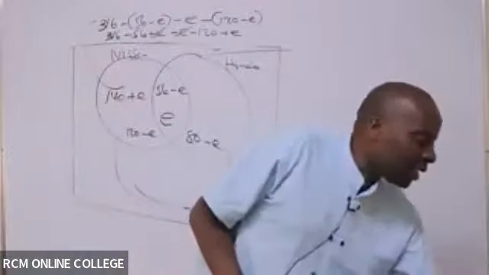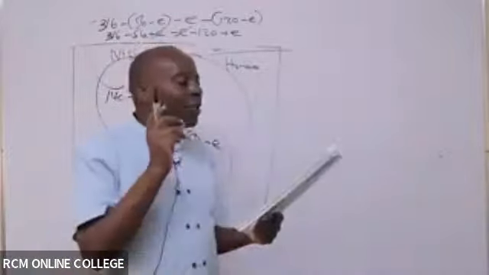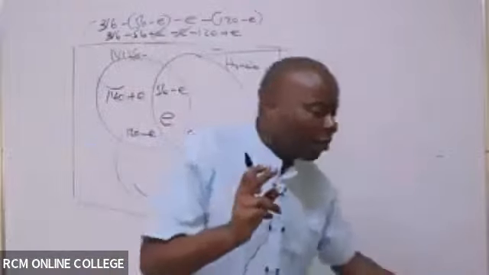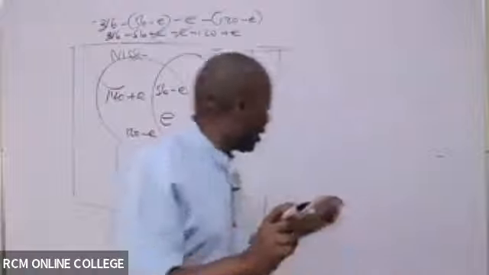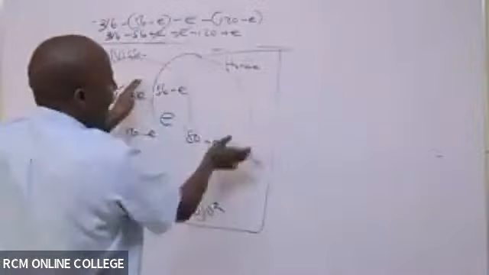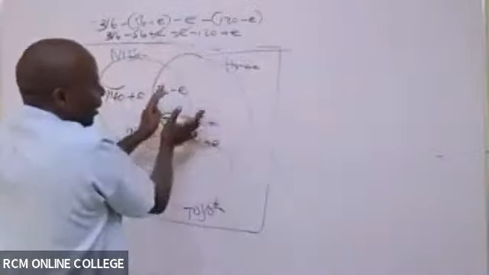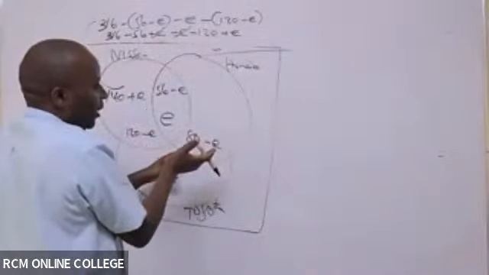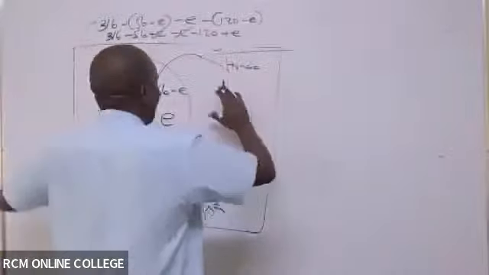So let's see the next sentence: 160 residents owned Honda vehicles. 160 is for Honda. Honda is here. So everybody who is here is counted as a Honda owner, including these ones here. So then how do I get this space? I'll always draw a big thing here.